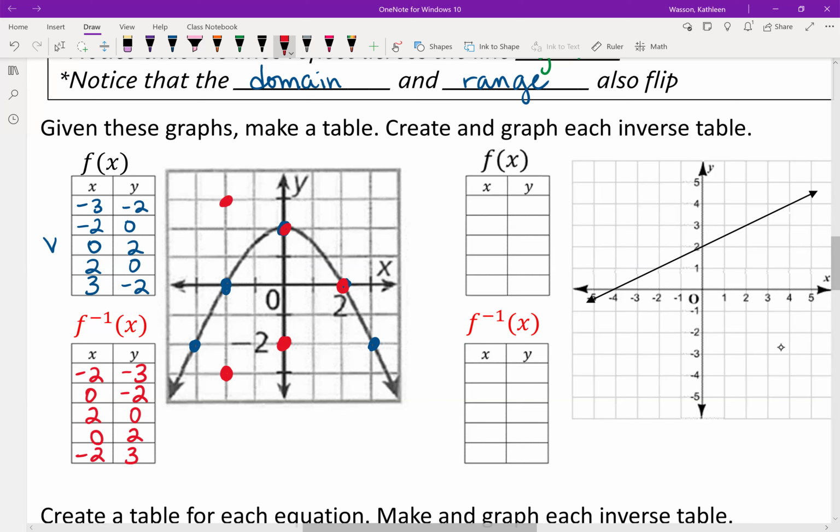This parabola, that's the inverse, is sideways. And the inverse and the original are reflected across the line y equals x.